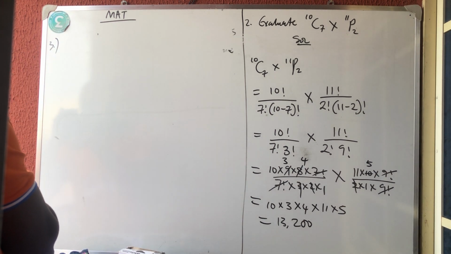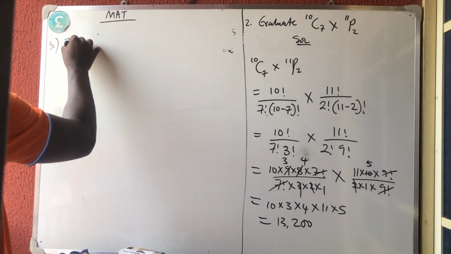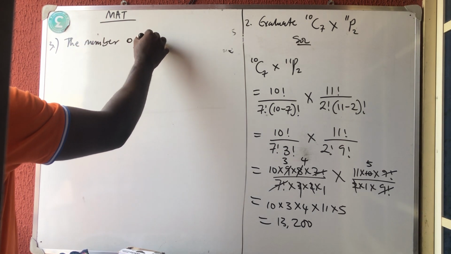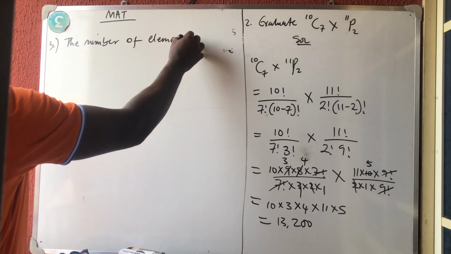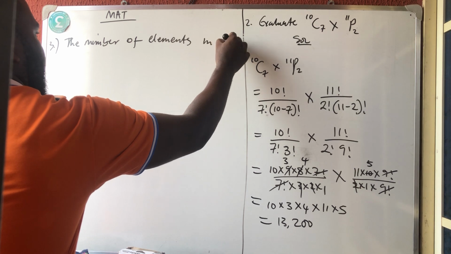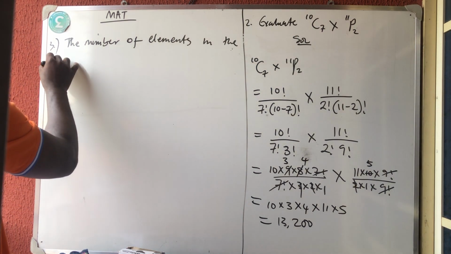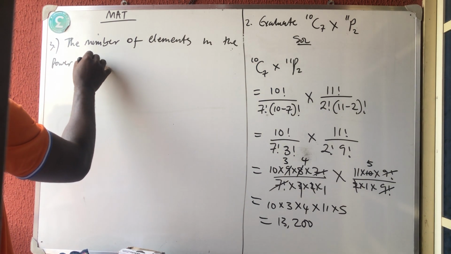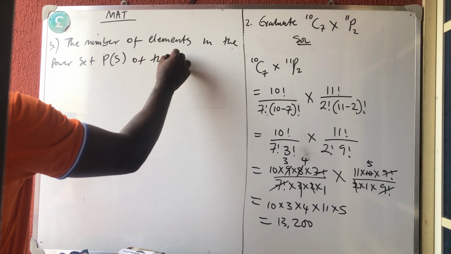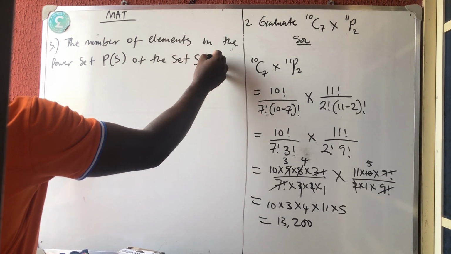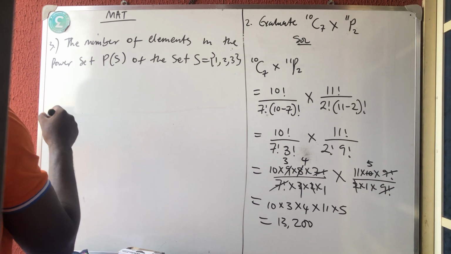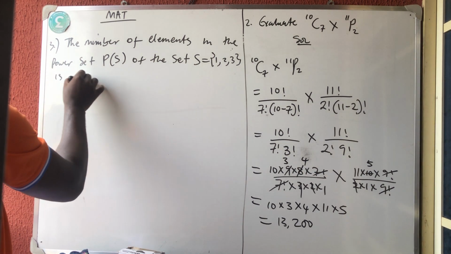Now, question number 3 says the number of elements in the power set P of S of the set S, which is equal to 1, 2, and 3, okay, is dash.